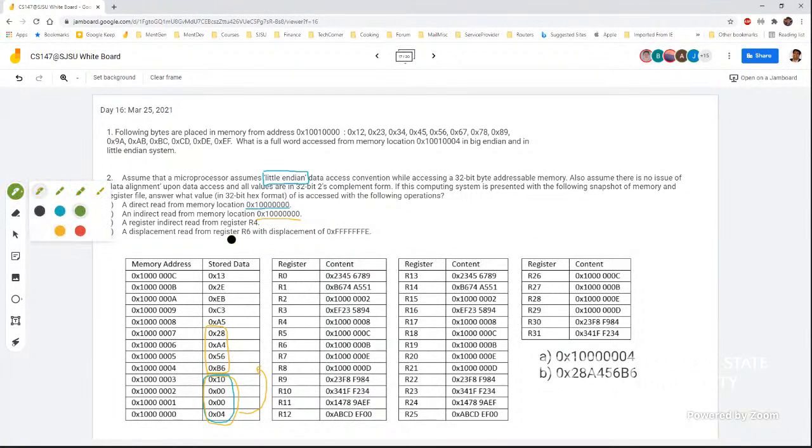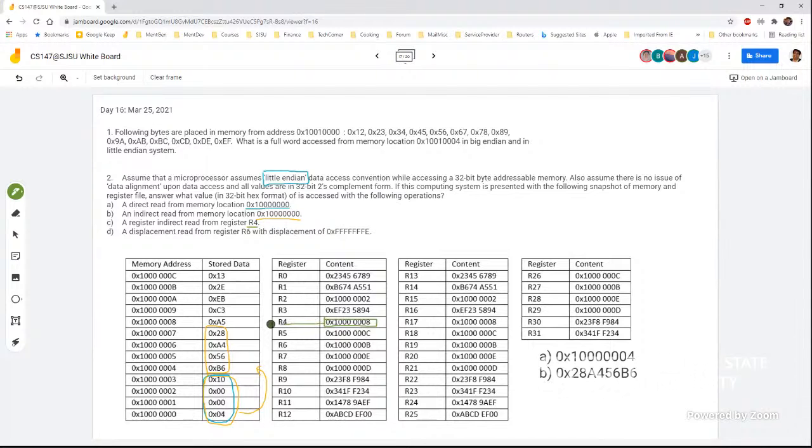C is a register indirect read from the register R4. So what is that? It means the system will read the content of this register and access that memory.